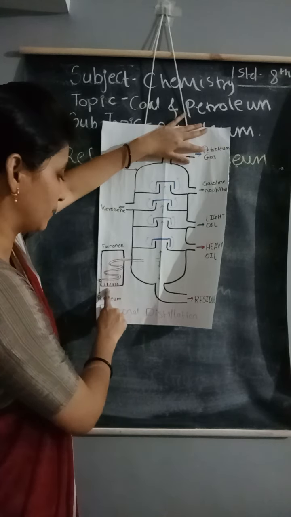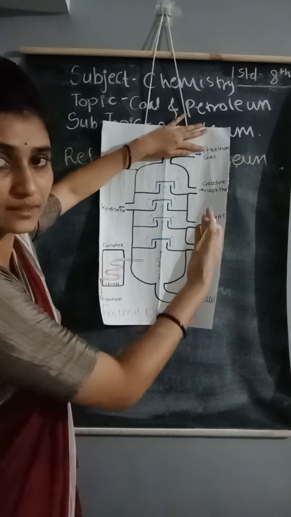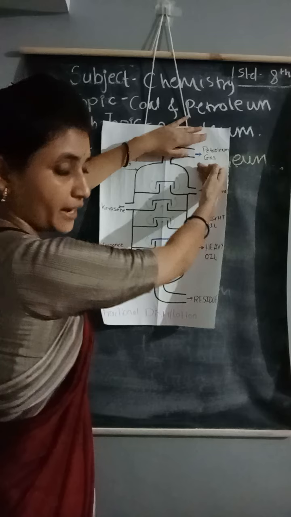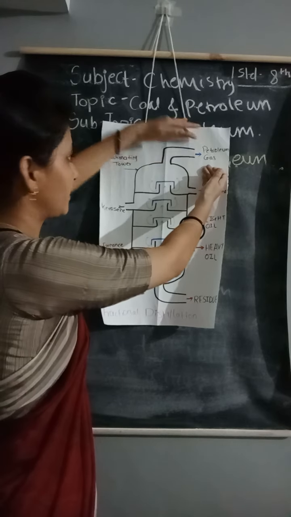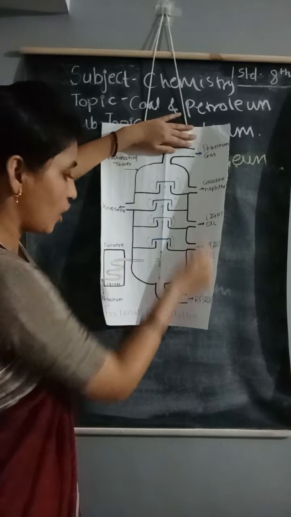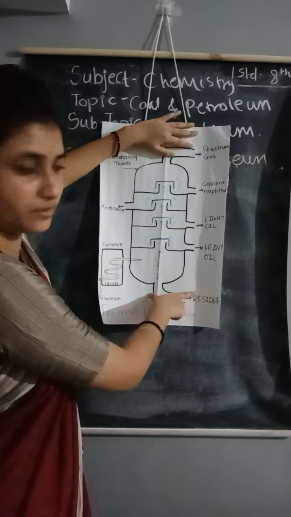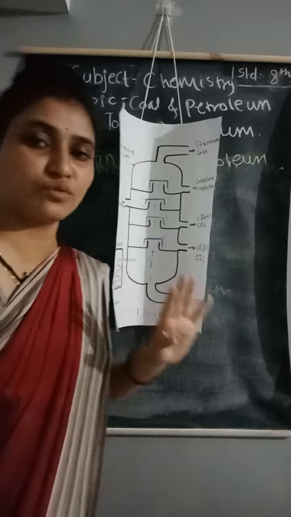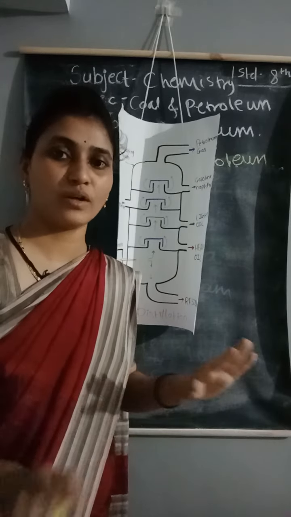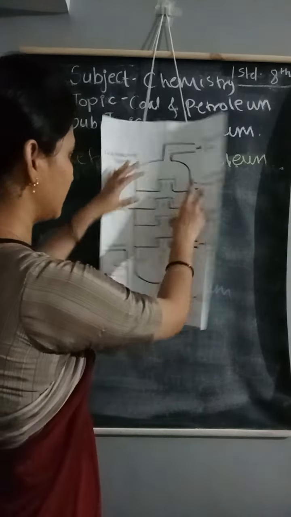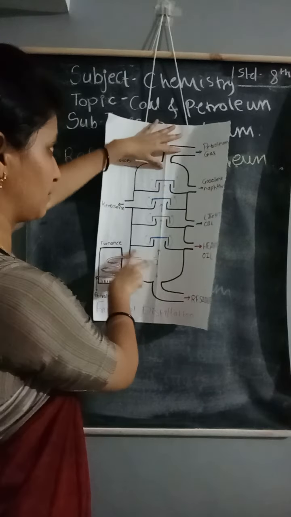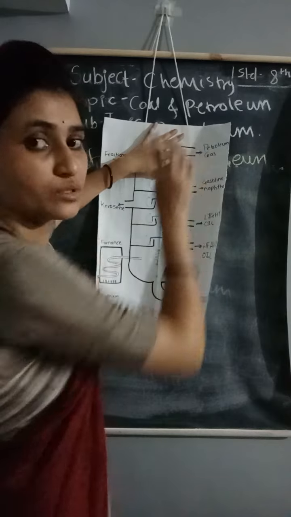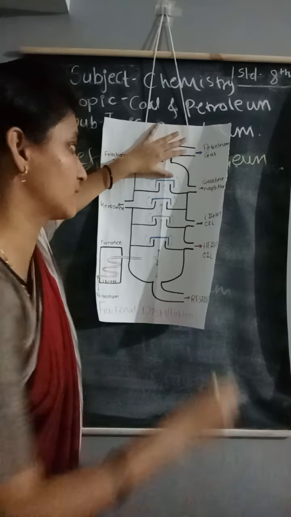After boiling, according to their boiling points they settle in the upper side or in the base of the fractionating tower. Those having only 1 to 4 carbons do not settle in this apparatus; they go out as petroleum gas.